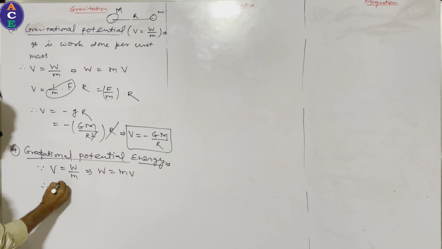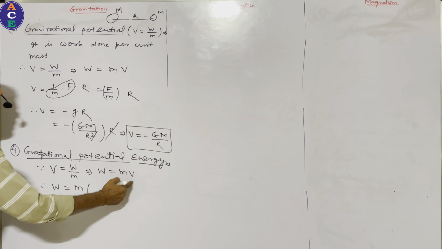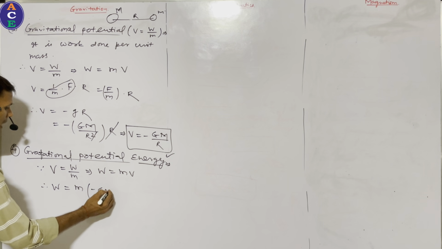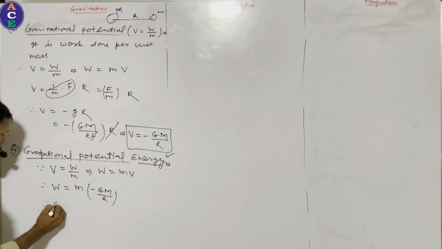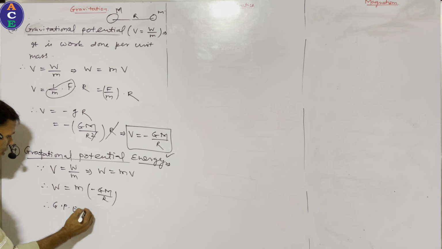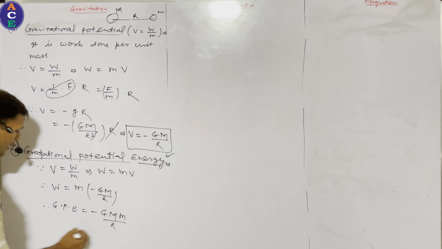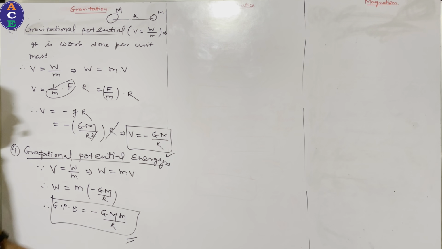So we can write W is equal to mass into gravitational potential. What is the value of V? It is minus GM by R. So this work done is stored in the form of gravitational potential energy. So gravitational potential energy becomes minus GMm by R. This is the formula for the gravitational potential energy.